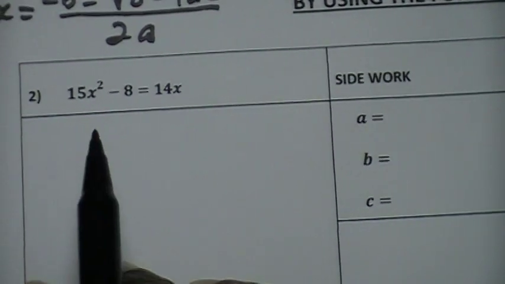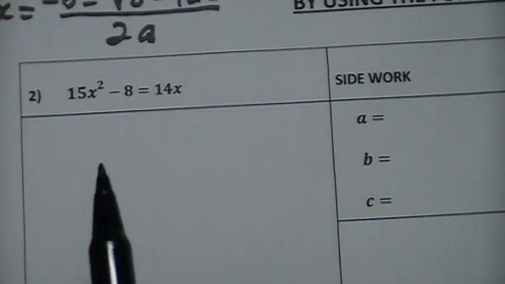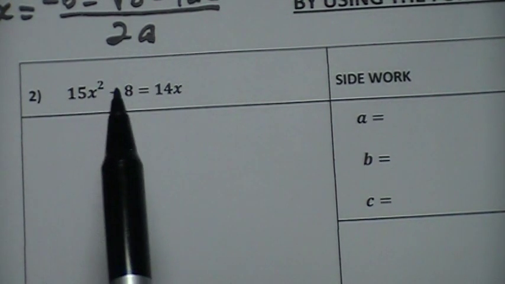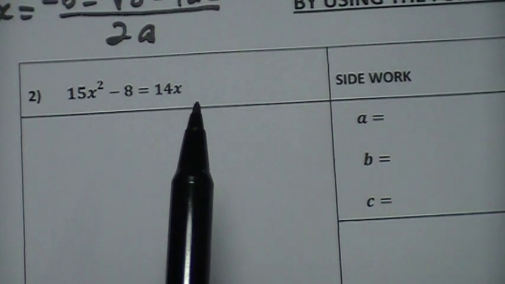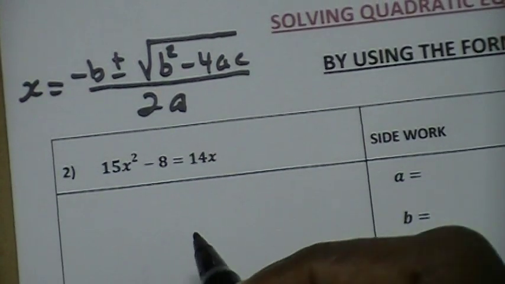Alright, we want to solve this equation, 15x squared minus 8 equals 14x. Just like factorizing, we want to ensure that this equation is set equal to 0. So the first thing we need to do is rewrite it as usual.